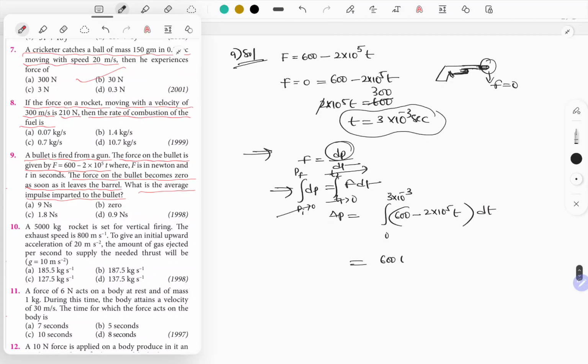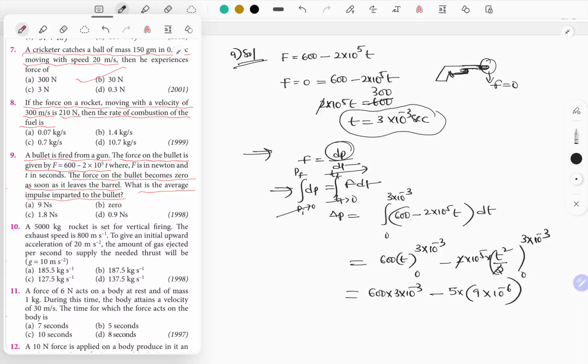So 600 into T, limits are from 0 to 3 into 10 power minus 3, minus 2 into 10 power 5 into T square by 2, limits from 0 to 3 into 10 power minus 3. 2 will get cancelled. So 600 into 3 into 10 power minus 3 minus 5 into T square, which is 9 into 10 power minus 6.